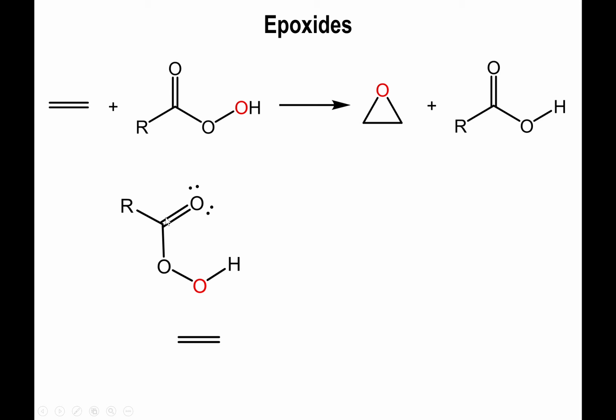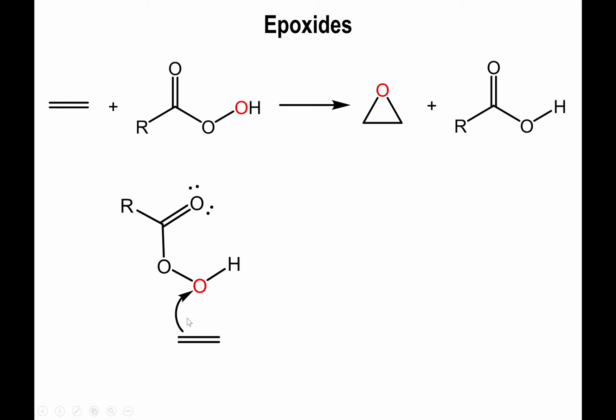And that carboxylate functionality is withdrawing electron density away from this oxygen, making it semi-susceptible to attack by nucleophiles. In addition to that, you have that oxygen-oxygen single bond that is rather weak. So this is a prime target for attack by nucleophiles. And so that's what happens here.